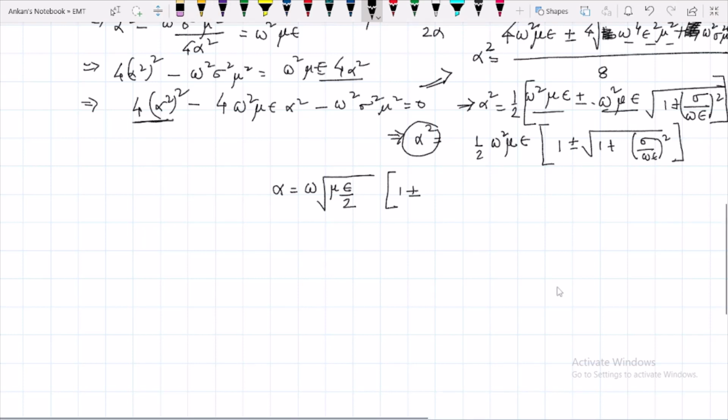Let us first write the second term in the first position, 1 plus sigma by omega epsilon whole square and plus 1, and also we have to obtain the plus minus.